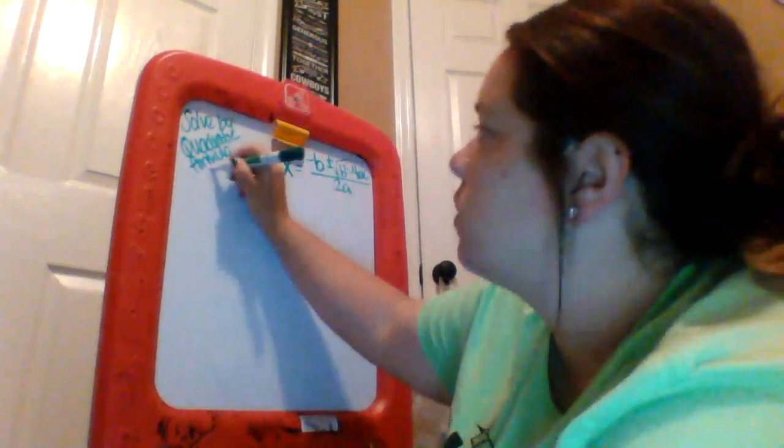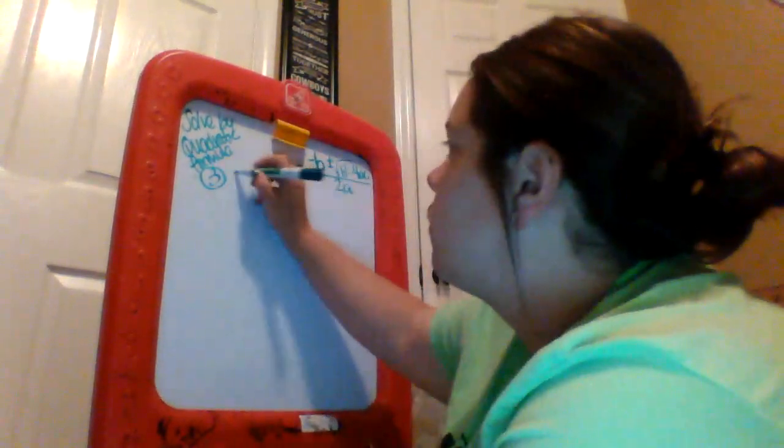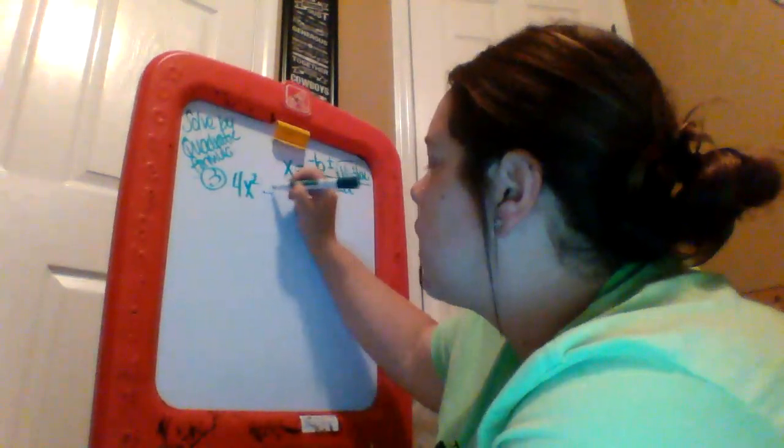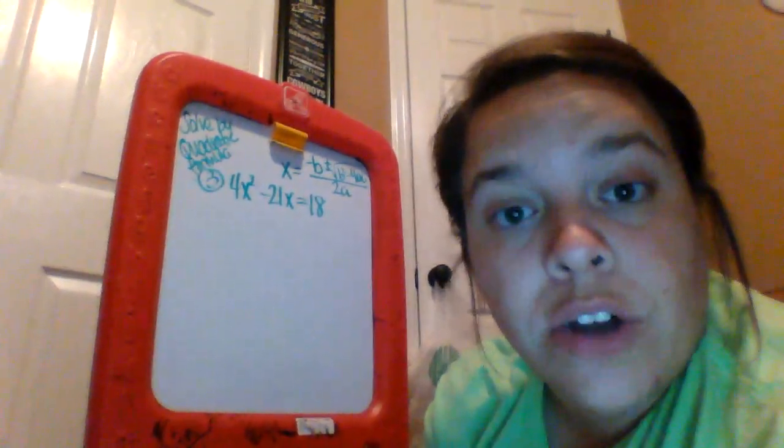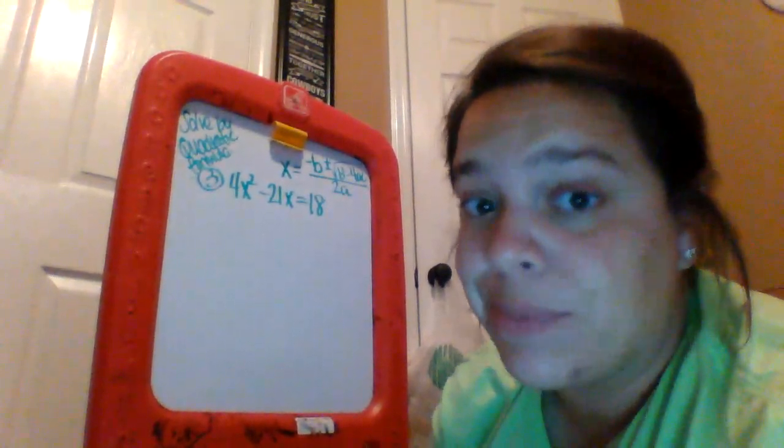All right. So let's do number 3 here. So let's do 4x squared minus 21x equals 18. All right, so right off the bat, you should notice this is a quadratic. In order to solve a quadratic, it has to be equal to 0.